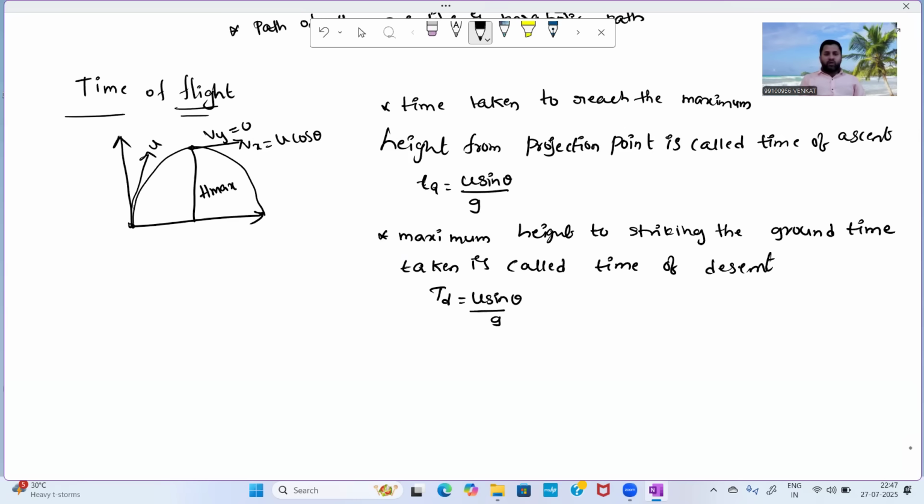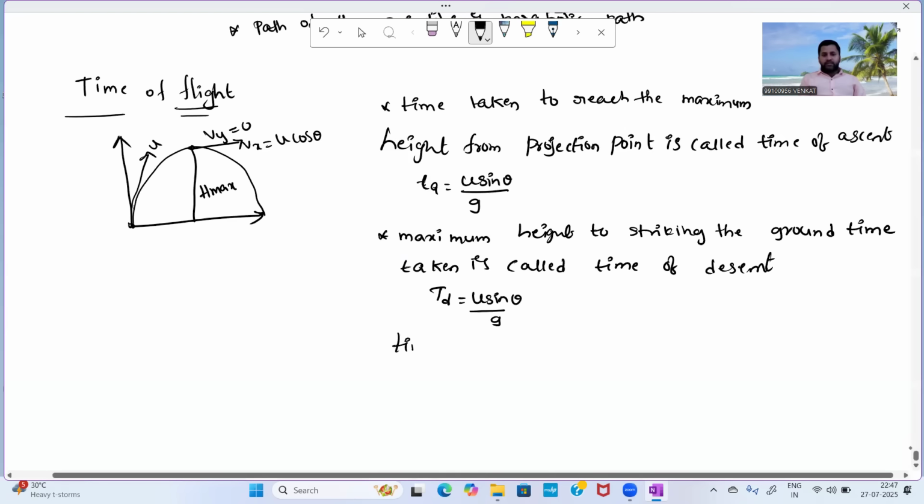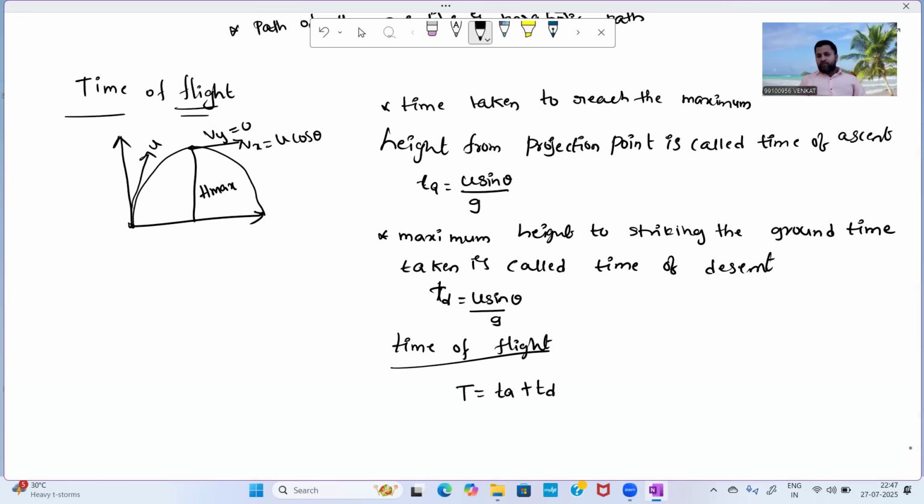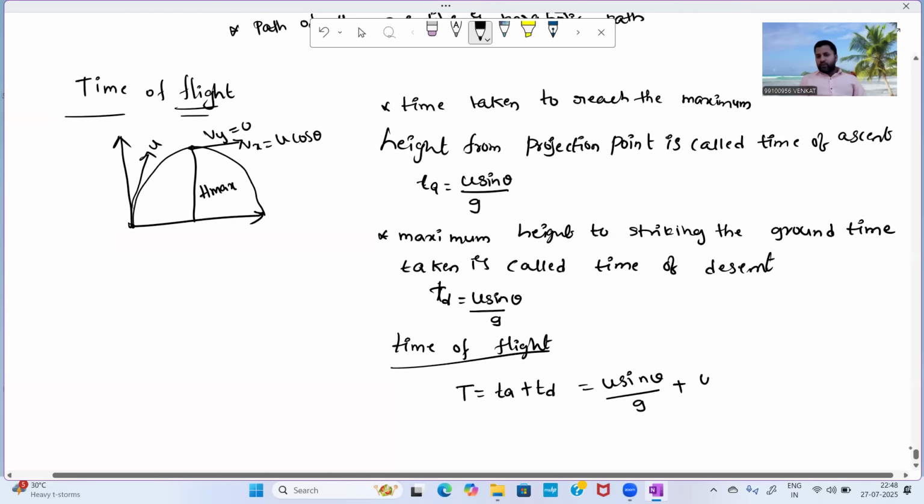Then what is the time of flight? Time of flight is the total time taken from the projection point to striking the ground. So the time of flight is equal to time of ascent plus time of descent, that is u sine theta by g plus u sine theta by g.